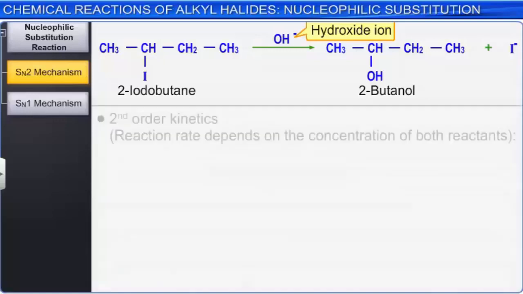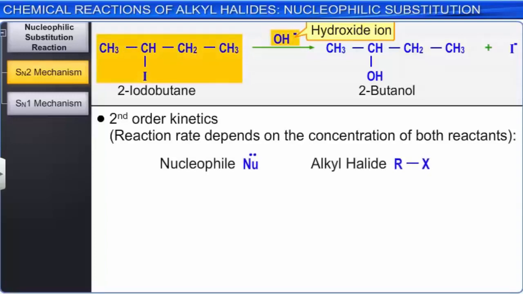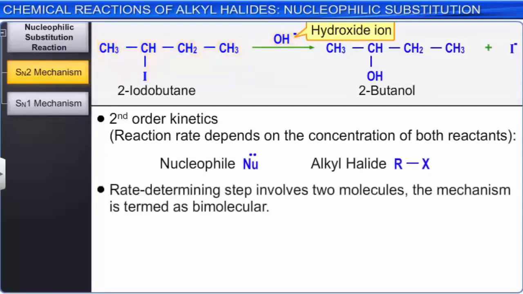This reaction follows second-order kinetics, meaning that the reaction rate depends on the concentration of both the nucleophile and the alkyl halide. As the slow step or rate-determining step involves two molecules, the mechanism is termed as bimolecular.